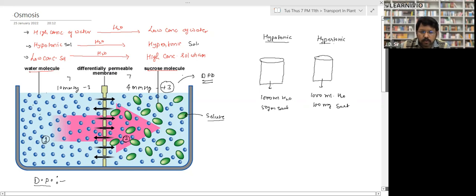Where the concentration is low, low concentrated solutions are called hypotonic, and high concentrated solutions are called hypertonic. Is it clear?